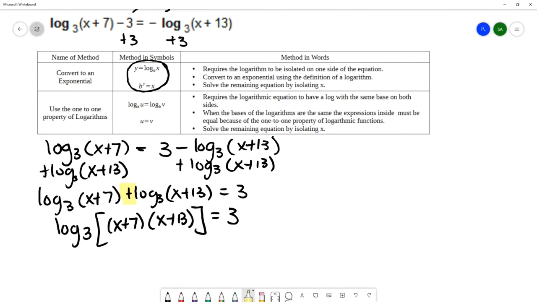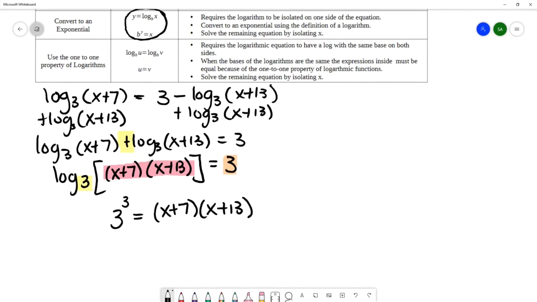I'm going to use the base of the log, base 3. The log always equals the exponent, so we have a power of 3, and then this exponential expression will equal the expression we have inside the log, (x + 7)(x + 13).